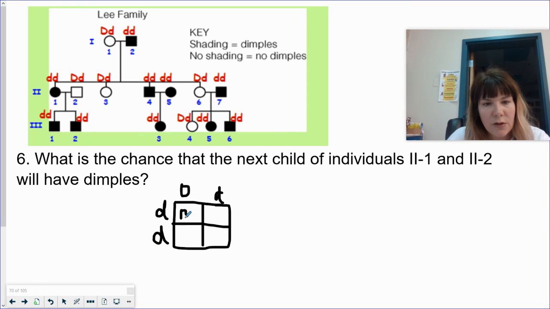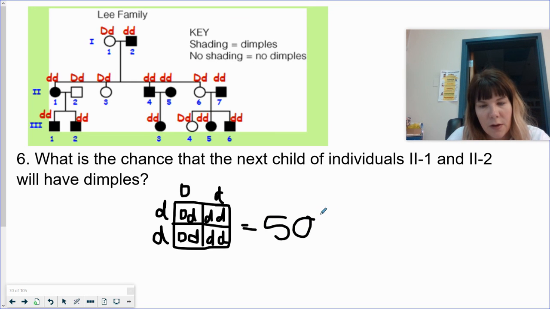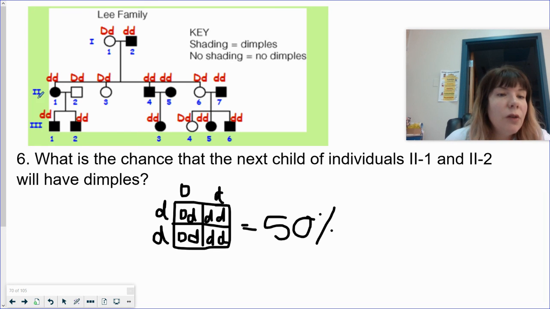And I can just quickly do my Punnett square. And what I'm seeing here is that the chances of them having dimples is going to be 50%. So 50% right here.